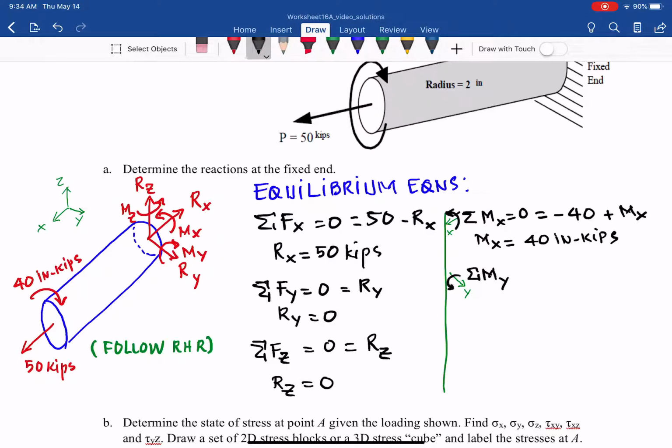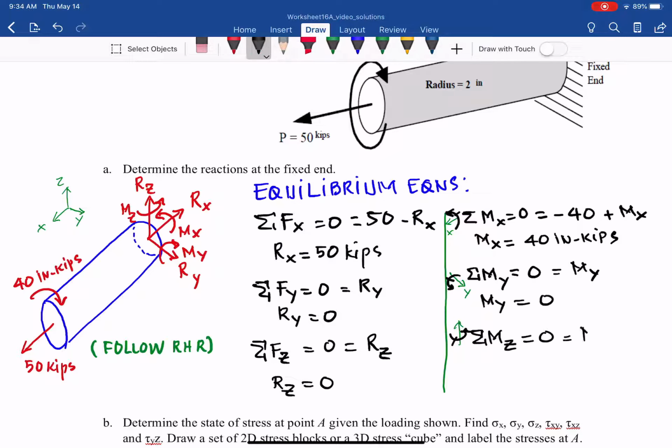There is nothing there, so 0 equals My, which means My equals 0. Similarly, sum of all the moments about z equals 0, following the right hand rule, so Mz equals 0.